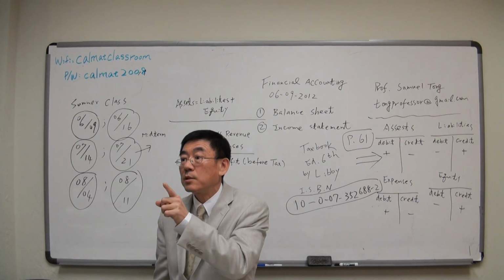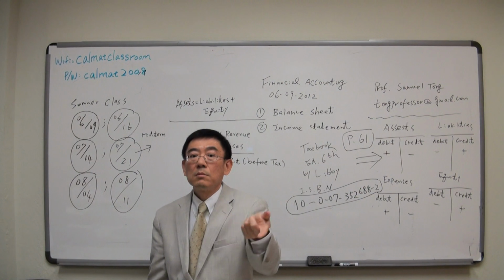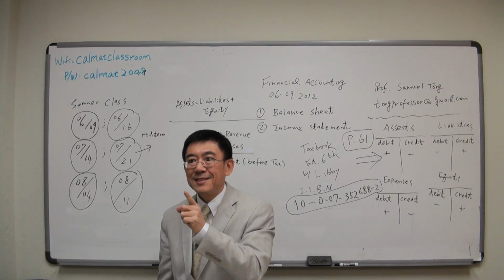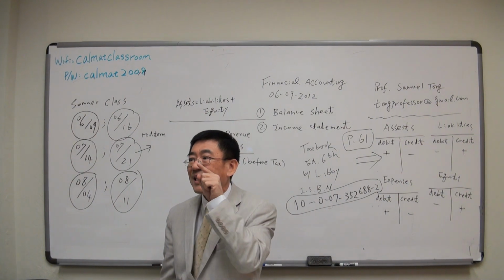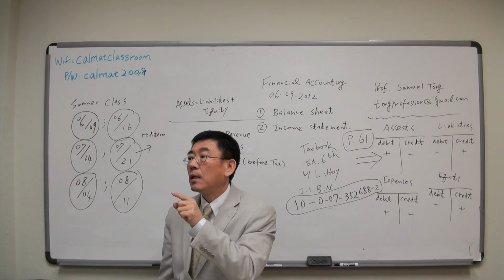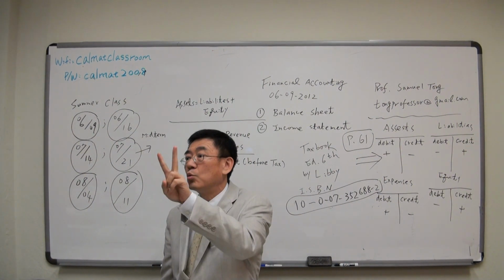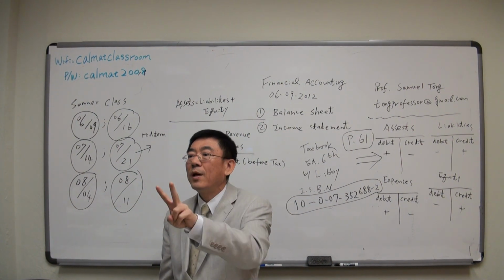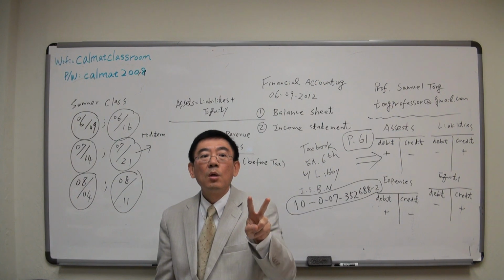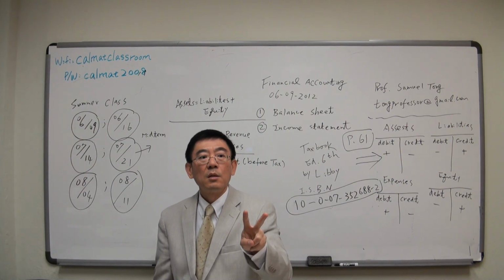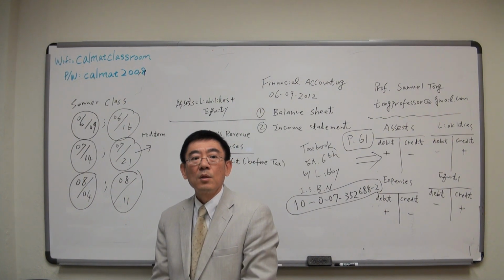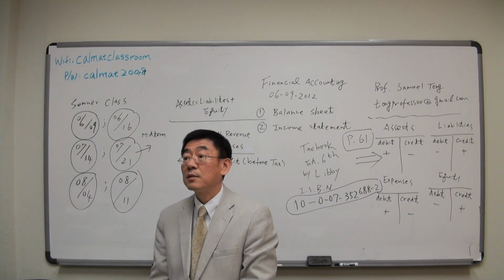For each transaction, for each event that happens, there must be at least 2 entries, 2 recordings. So we have one recording: cash increases from 0 to 10,000.